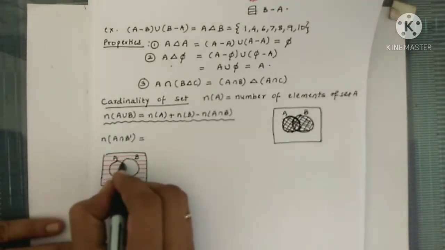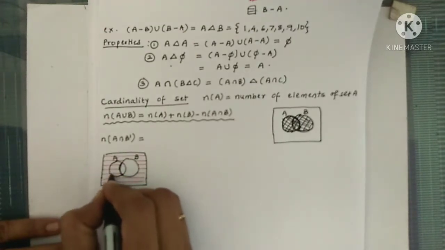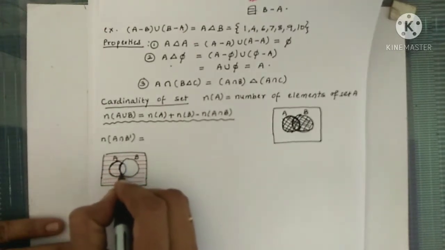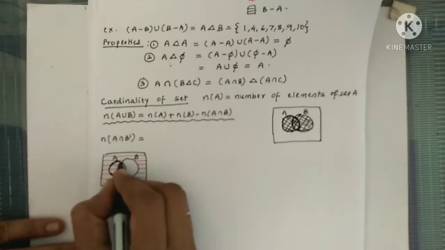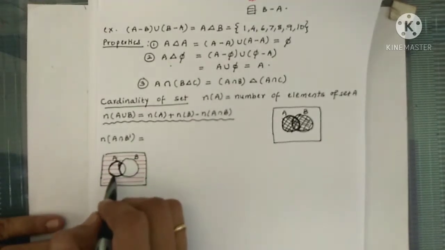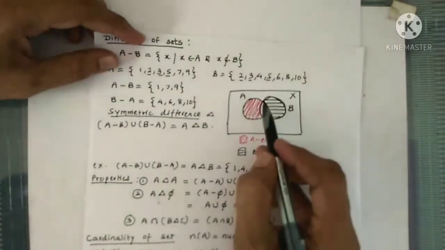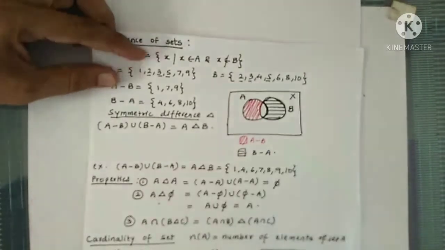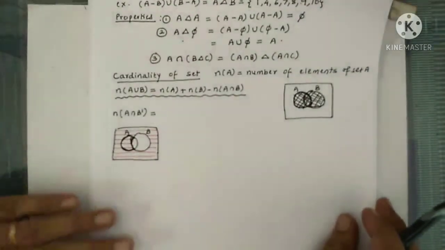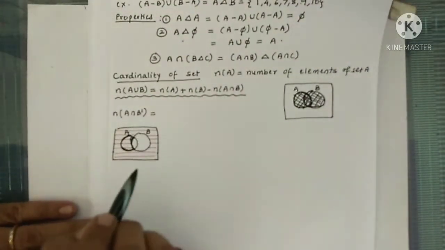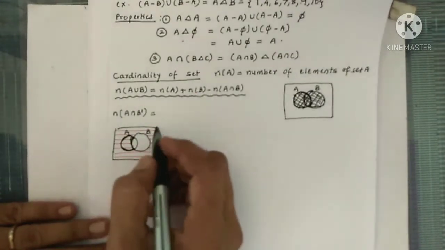The outlined portion of A is A intersection B dash. You can see here that it is nothing but A minus B only. In the previous part we have seen A minus B. So this portion A minus B is the same as A intersection B dash.